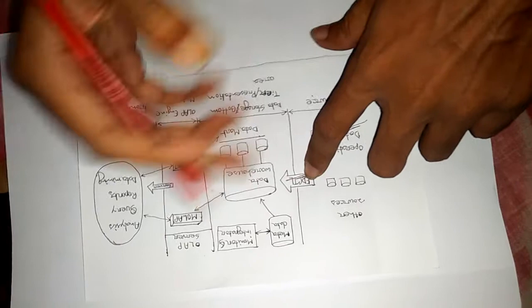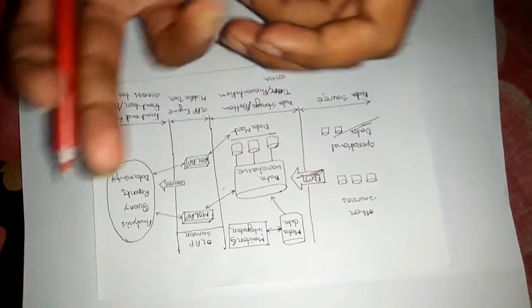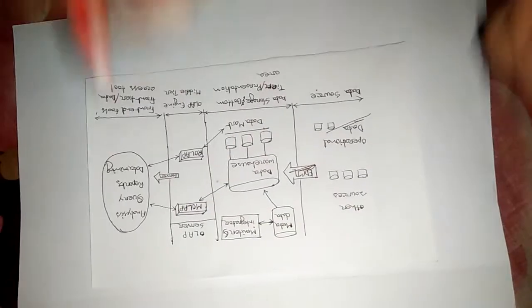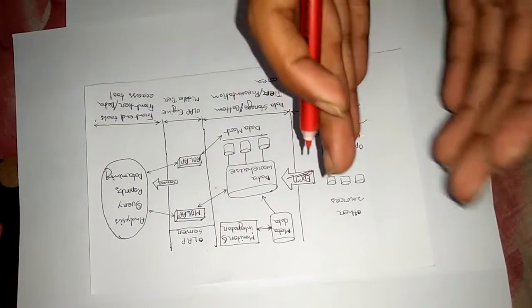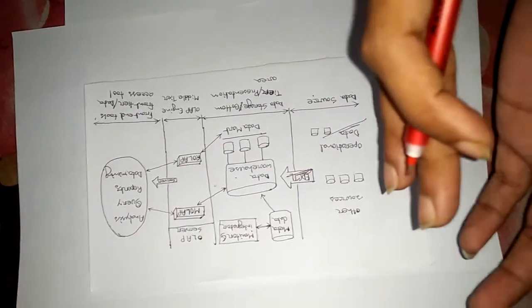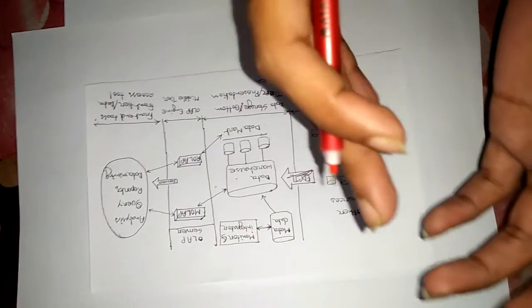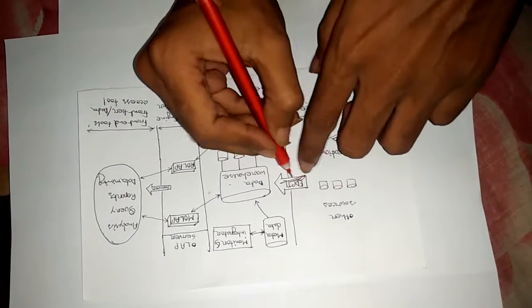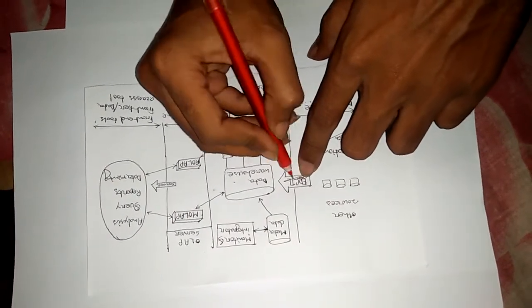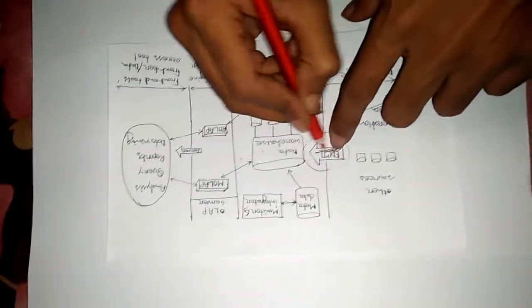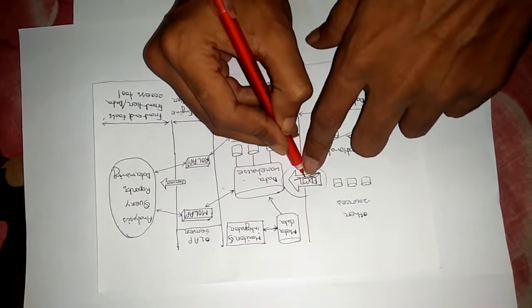Data cleaning means getting only strategic information, the type of data we need. Only that type of data will be stored here, and any other data will be removed using this tool. That's called data cleaning.